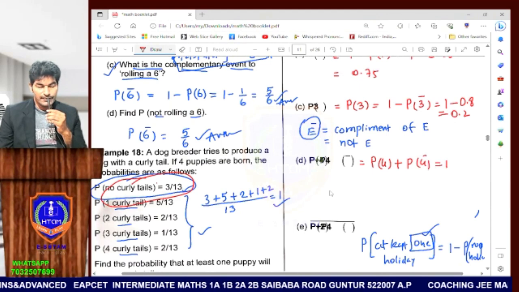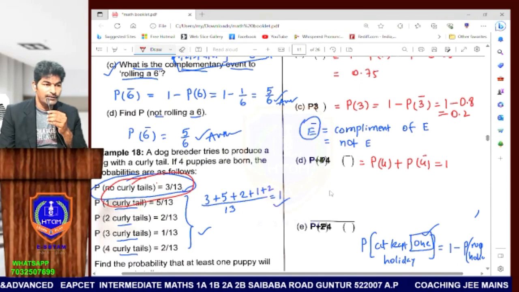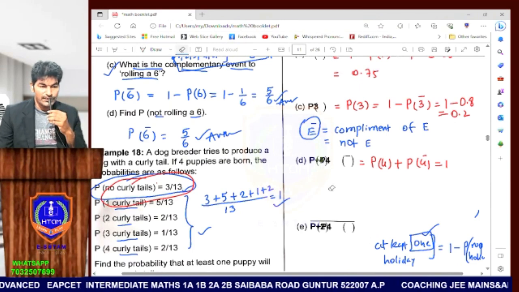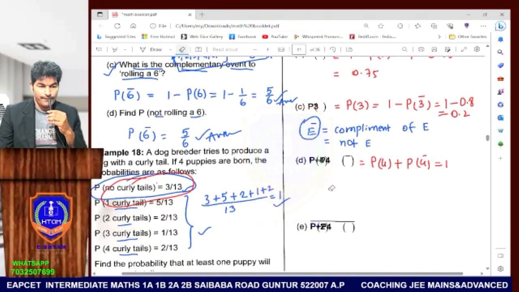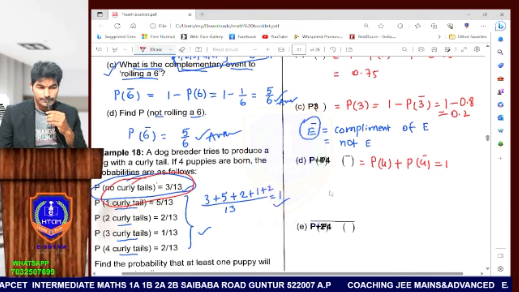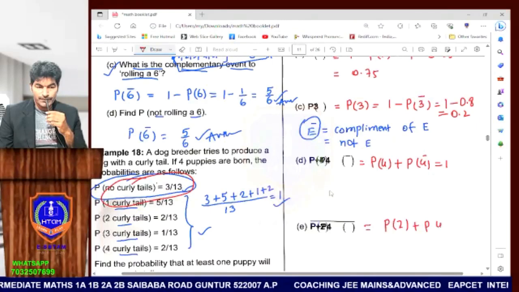And what did he say here in question E? P of 2 plus P of 4 whole dash. Right?